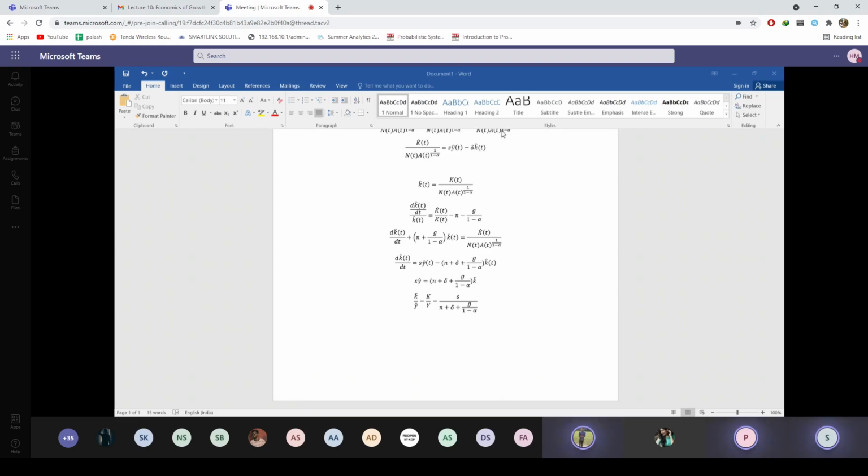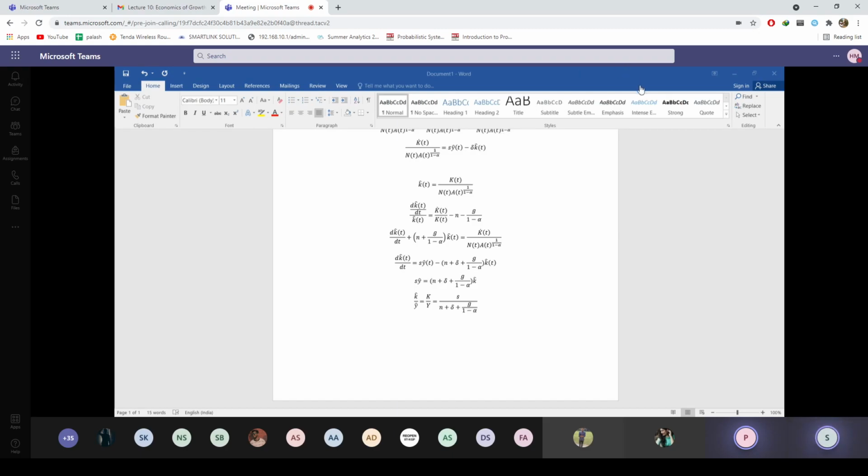Sir, how do we decide what function we take for k hat t? Like you said, for every production function we can define a different k hat t, so that its time derivative at the steady state can be set to 0.